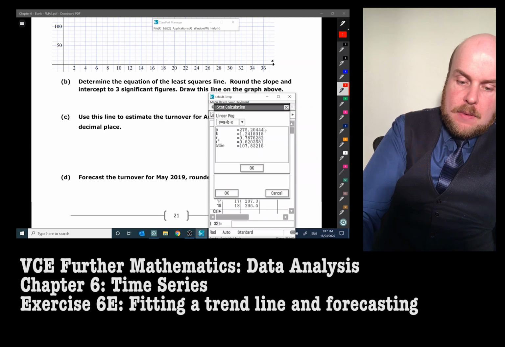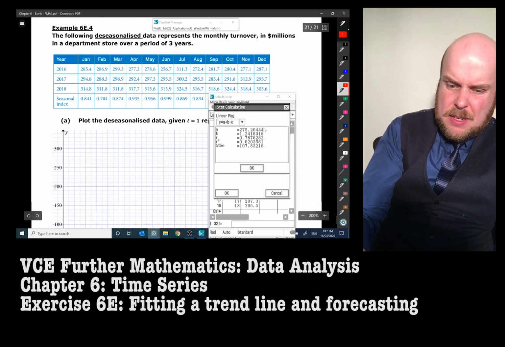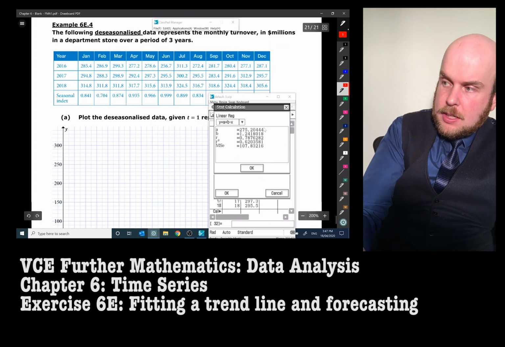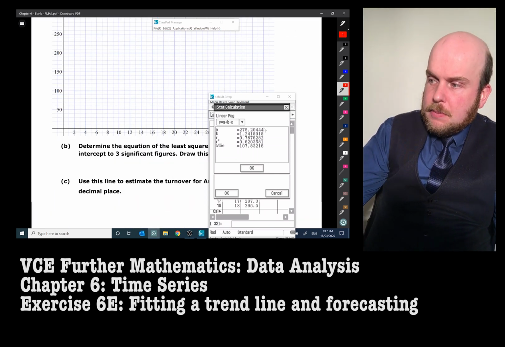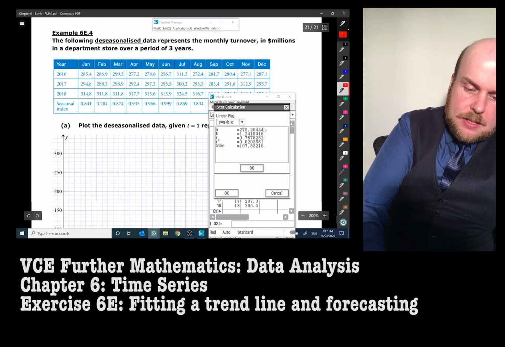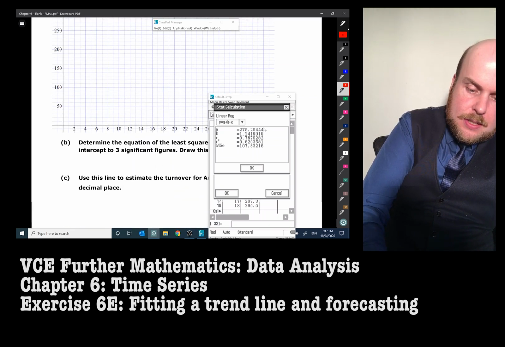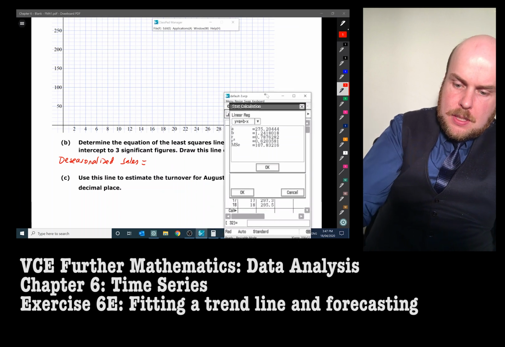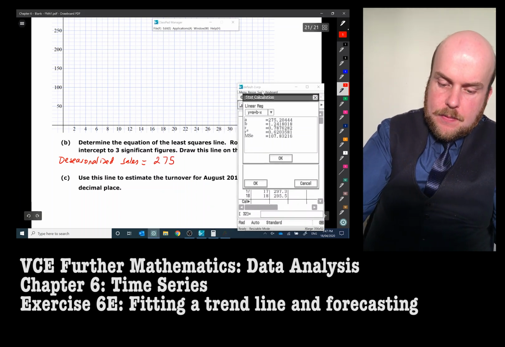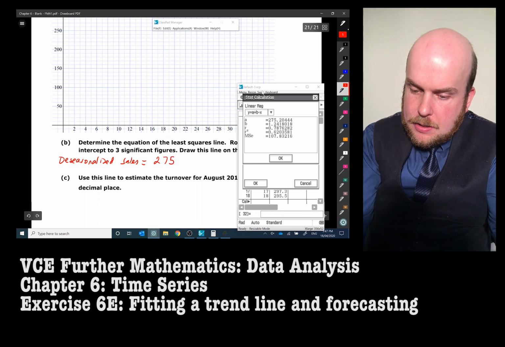So what is this? Is it sales? What are we doing? Monthly turnover, millions. So yeah, why not call it sales or income or something like that? And it's deseasonalized, isn't it? Yeah, deseasonalized. So deseasonalized sales is equal to 275 and 1.24.